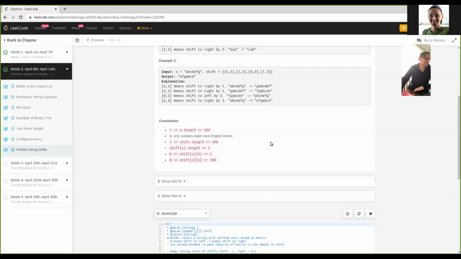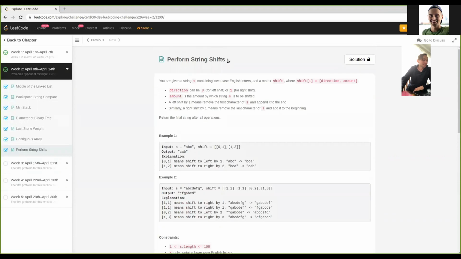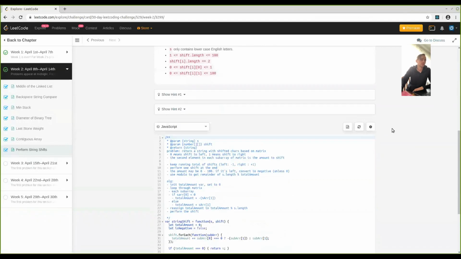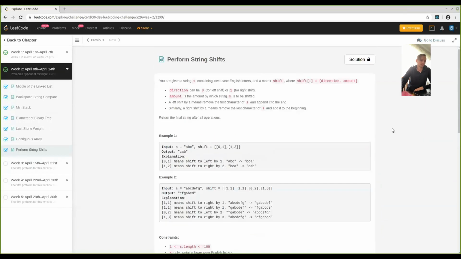Perform string shifts. You are given a string S containing only lowercase English letters and a matrix shift, where each element in the shift matrix, a subarray, only has two elements inside of it. The first is the direction, and the second is the amount.